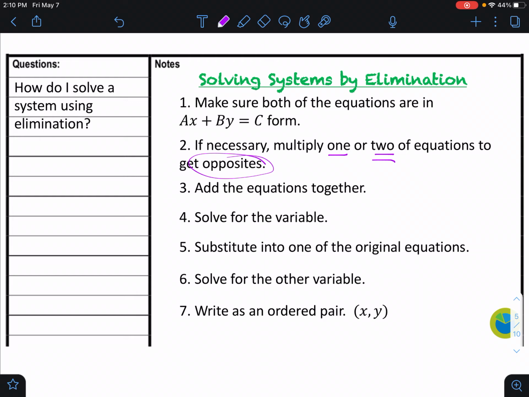Then we're going to add the equations together. Well, we should be able to solve for a variable, either x or y. We'll do a little substitution into one of our original equations, and then we should be able to solve for the other variable, okay? And then, of course, we'll still finish off with writing where they cross as an ordered pair, x comma y.